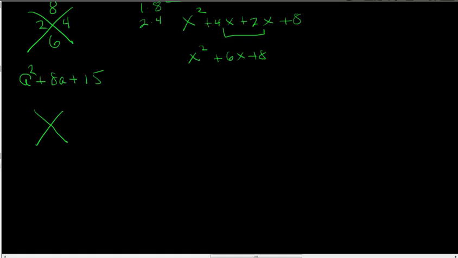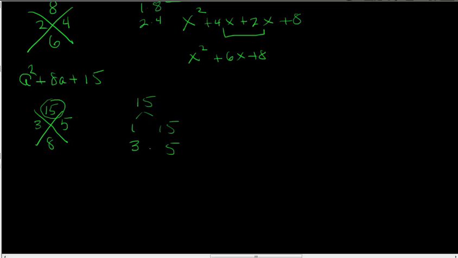The 15 goes on the top, the 8 goes on the bottom, and the idea is to break down the 15 into factors that would give us 8. So we know that 1 and 15 doesn't work, and then 3 and 5, 3 times 5 is 15, and we know that 3 plus 5 will be 8.